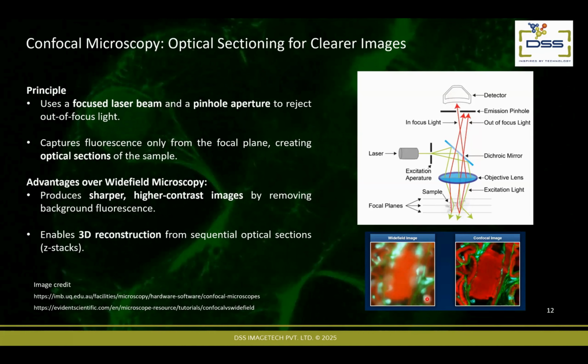As a result, the blurriness that you see in the wide field image due to collection of light from all the focal planes is corrected here. For a confocal image, you essentially see an image with very high contrast and sharpness, as it is collected only from a single focal plane. So we get a sharper, high contrast image, and we can also do 3D reconstruction from sequential optical sections.